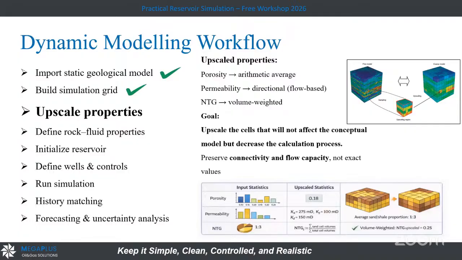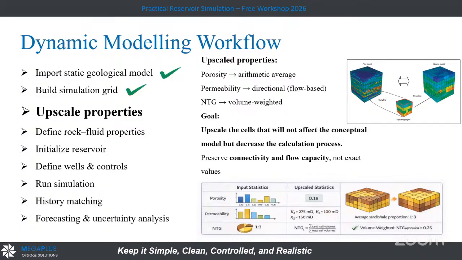So the upscaling is coarsening the cell without affecting the property or geology. Keep this in mind. In the permeability, we can use a directional flow by averaging, and for net to gross ratio, something called volume weighted averaging. It's all simple statistics.